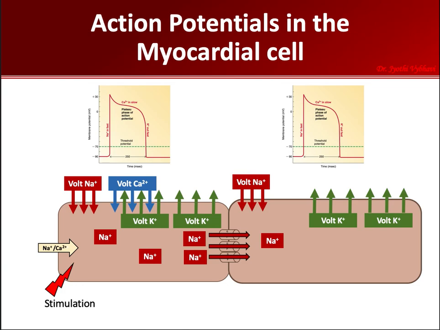There is atrial depolarization followed by ventricular depolarization. It's because of these gap junctions. So only one cell needs to be stimulated. So this is about the electrical activity of a single cell and of many myocardial cells.